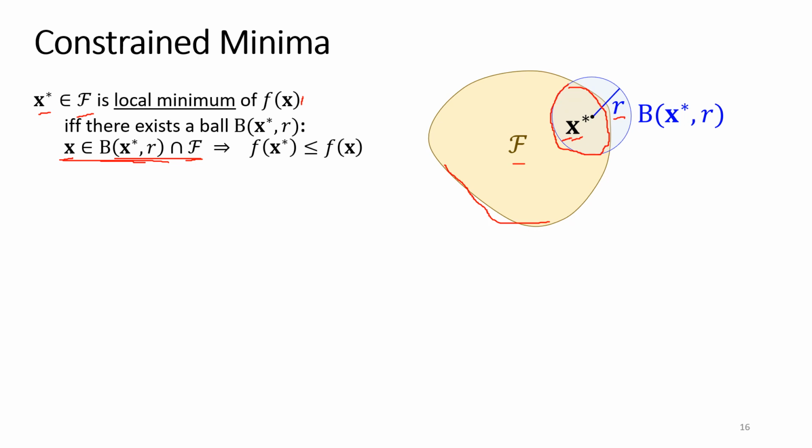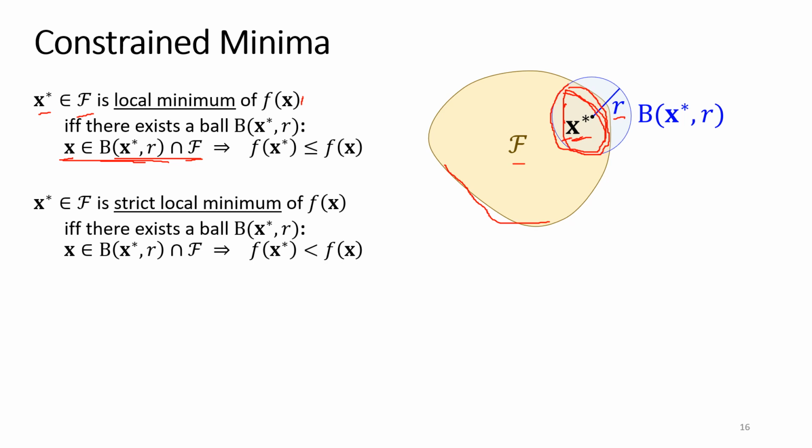That is, x star should be the minimum of all f of x's within this region.